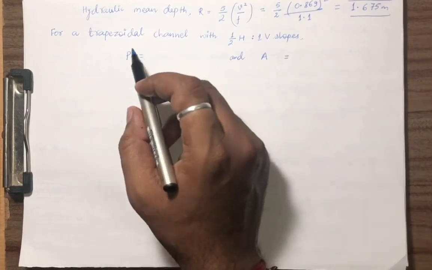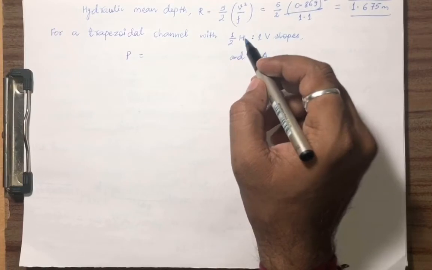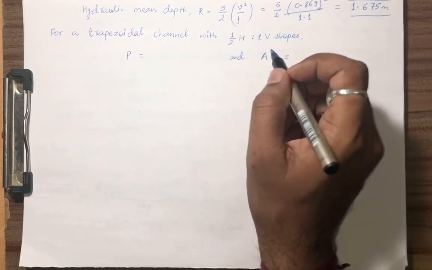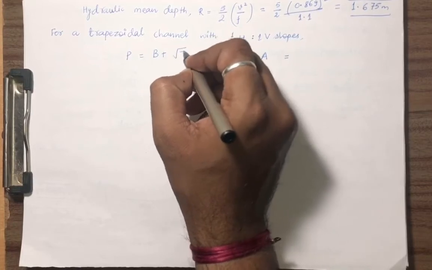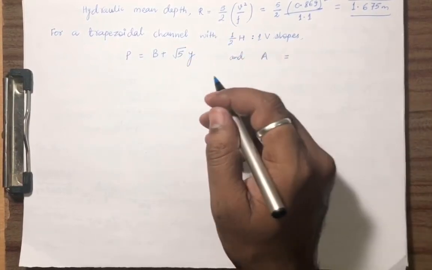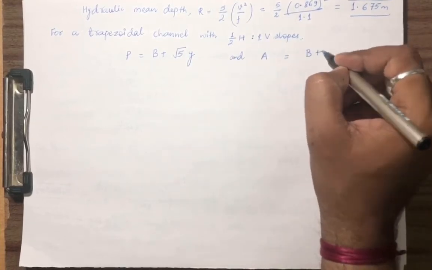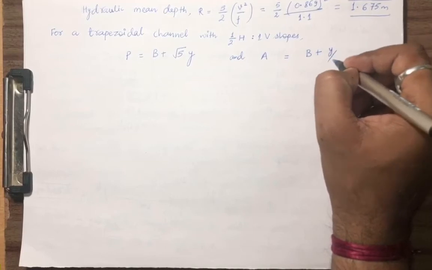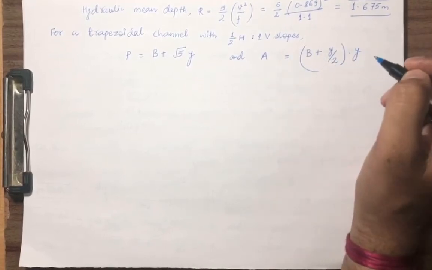For a trapezoidal channel with half horizontal to 1 vertical slope, P is B plus root 5 y. This we have done in Kennedy's theory, you can check. And A is (B plus y by 2) into y.